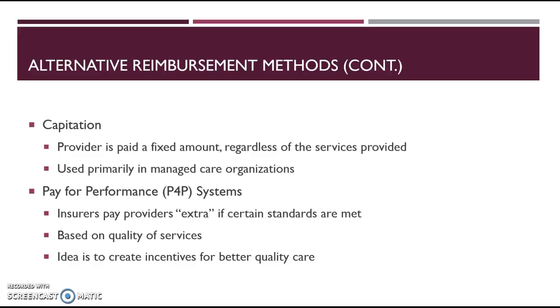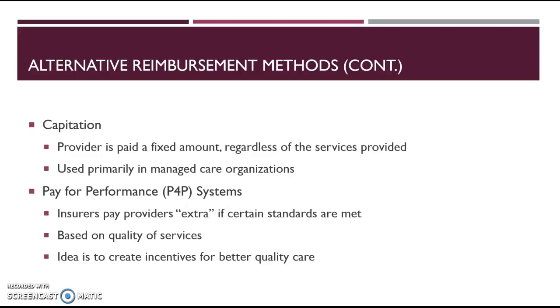Now, we've talked a lot about reimbursement. There's something that's kind of a little bit newer, and it's called pay for performance systems. And this has gained popularity recently, particularly with the Affordable Care Act and the focus more on quality measures of healthcare. So, under pay for performance systems, insurers pay providers a little bit extra if certain standards are met.